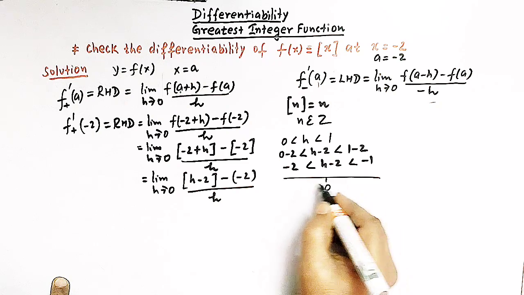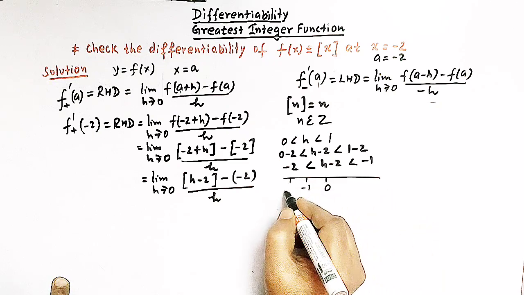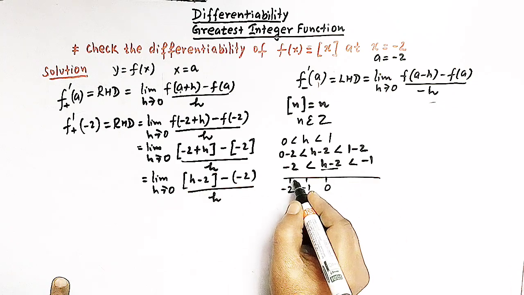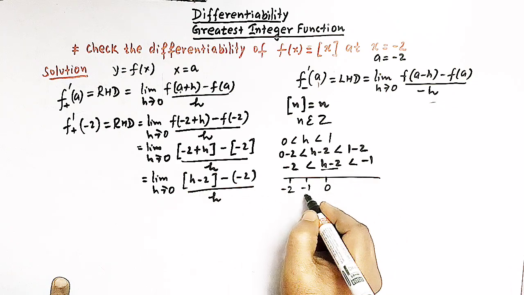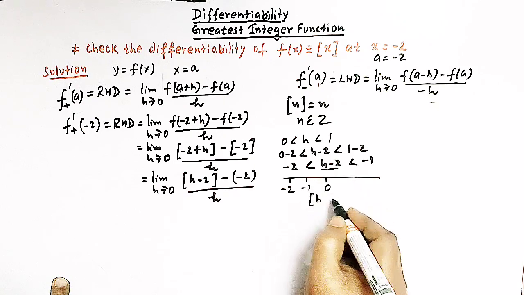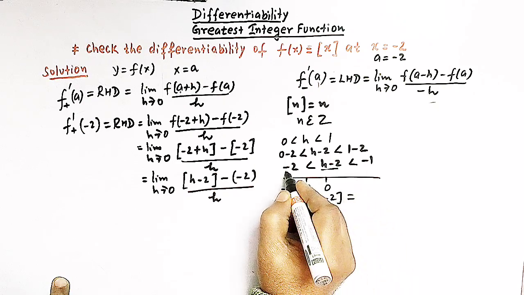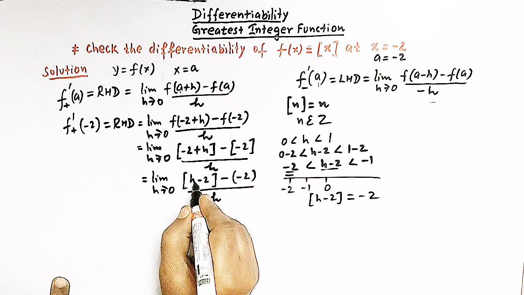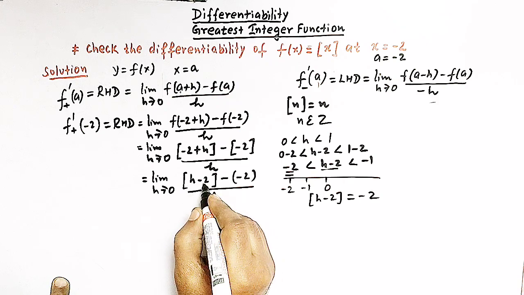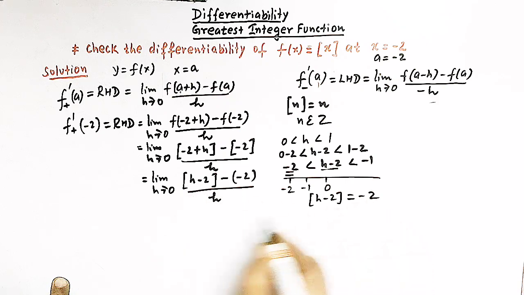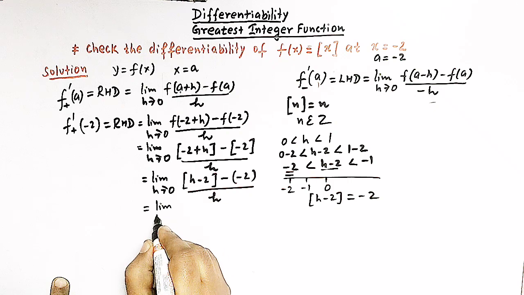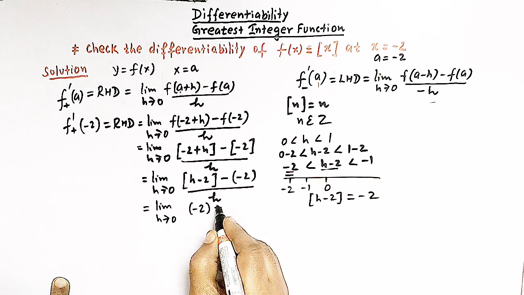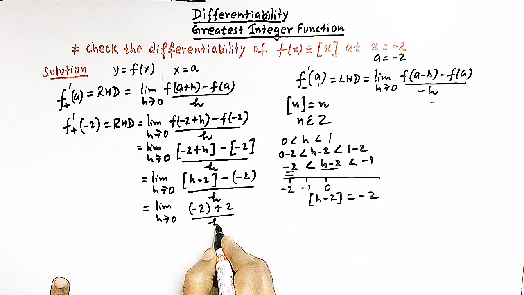On the real number line we have minus 1 and minus 2, and this quantity h minus 2 lies between minus 2 and minus 1. So the greatest integer of h minus 2 is equal to minus 2. Substituting, we have limit h tends to 0 of minus 2, minus and minus becomes positive, plus 2, divided by h.